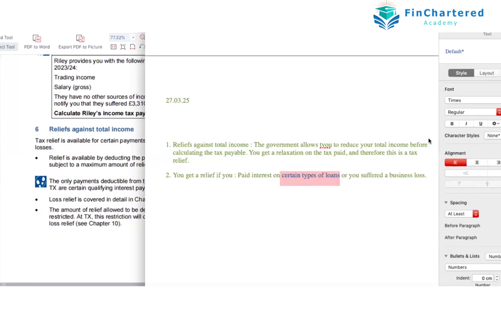Remember, we saw this in the first chapter, the UK tax system encourages business, encourages entrepreneurship. You remember, right? So if you borrow specifically for work related things, for business, on that loan you will get a relief, not for personal loans, right?